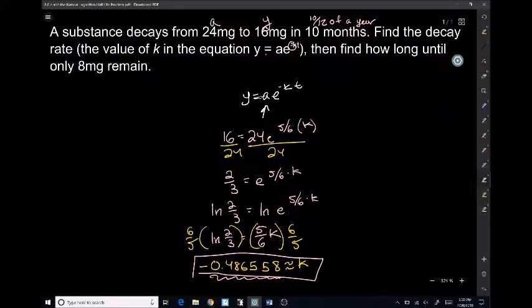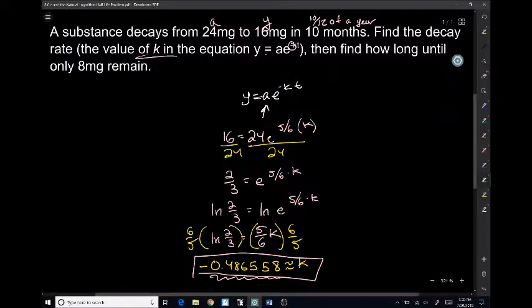If it didn't, then that's fine. But to answer the first part, find the decay value, the value of k, that k is about equal to 0.4866. I'm sorry, I don't want to make it negative, because the formula we were asked to find already has a negative in it. So there's my k value.